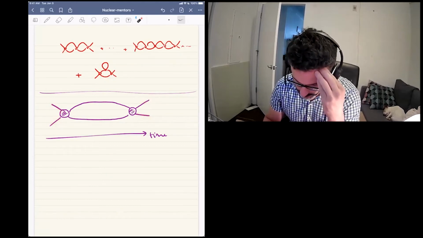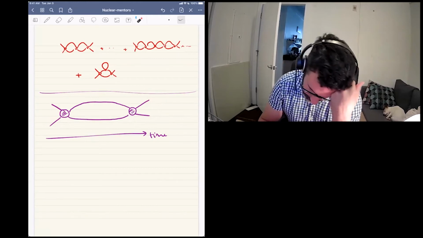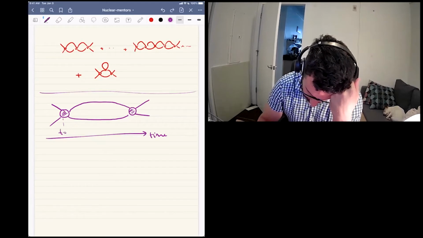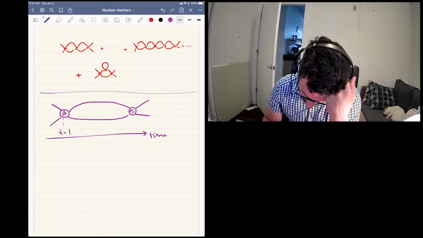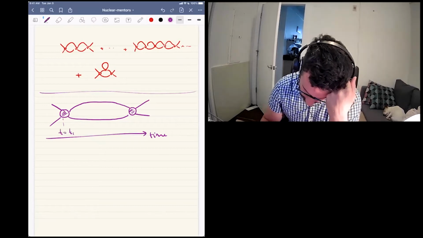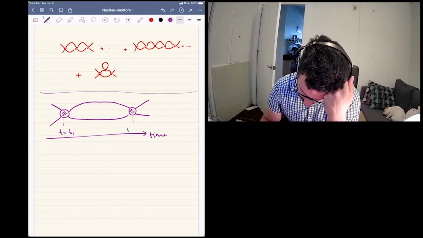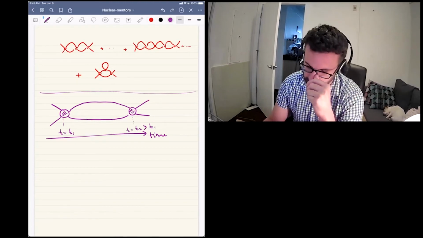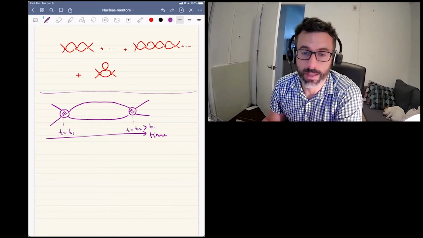So this is happening at some time, let's just call it t equals t1. And this happened at some later time, t equals t2, which is greater than t1. Okay, so that's what's happening there.